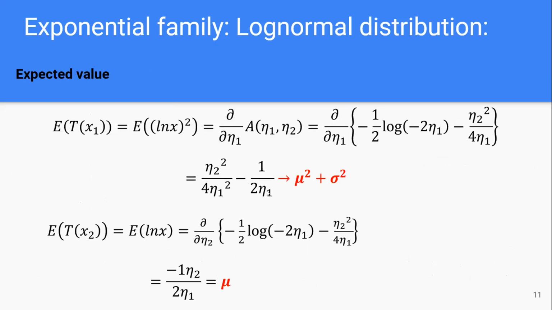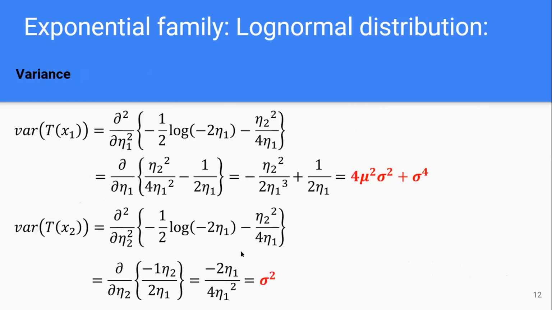Here we have with respect to sigma square, and this with respect to mu. And for the variance, which is the second derivative with respect to each of the parameters, here we have for the eta 1, we have the result, and for the eta 2, we have this result.